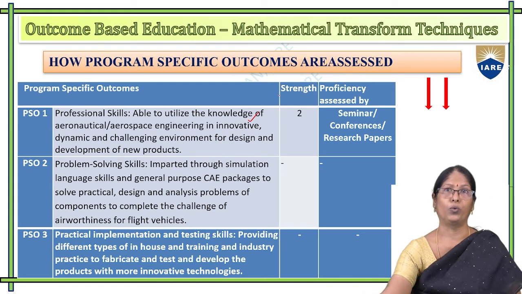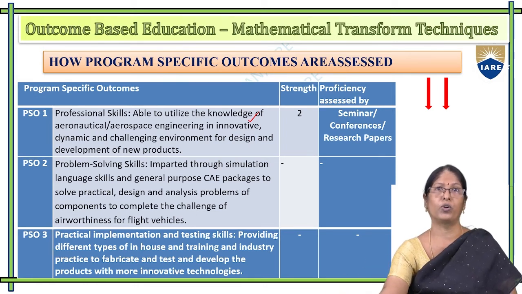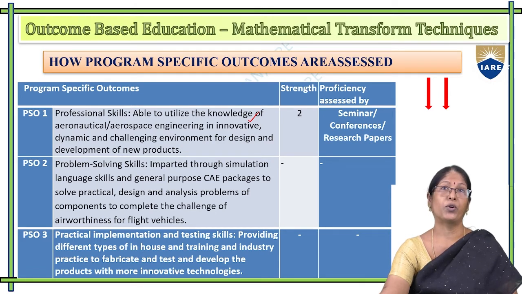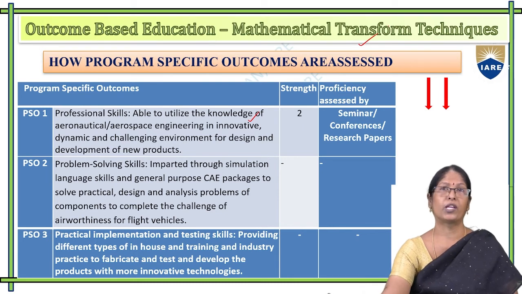Now, program specific outcomes. Here we can see PSO1, there are 3. Here we have taken the program specific outcome for the particular branch, aeronautical. In our college, mathematical transform techniques is taught to aeronautical engineering, EEE, electronics and communication, civil, and mechanical engineering.